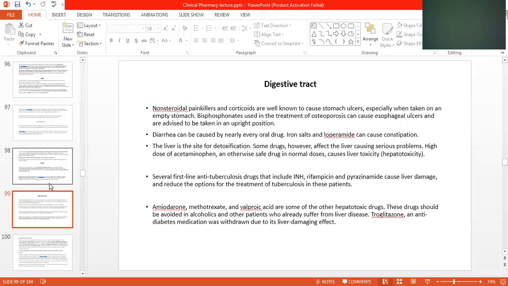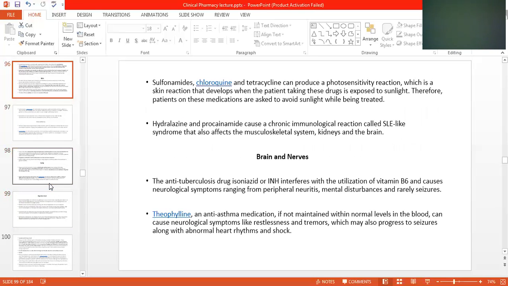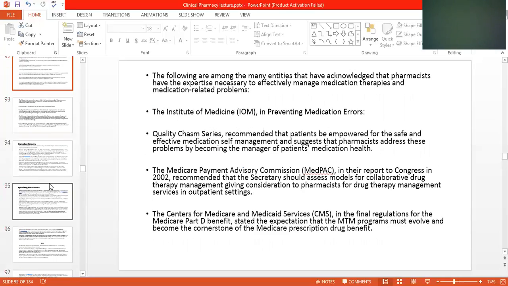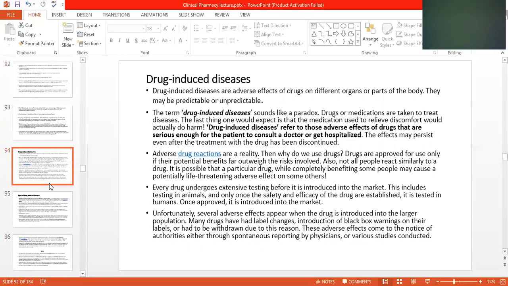So as we have seen, we started with drug-induced diseases, that means certain drugs which are very good for their efficacy and benefit to the patient, but also cause certain diseases or side effects.